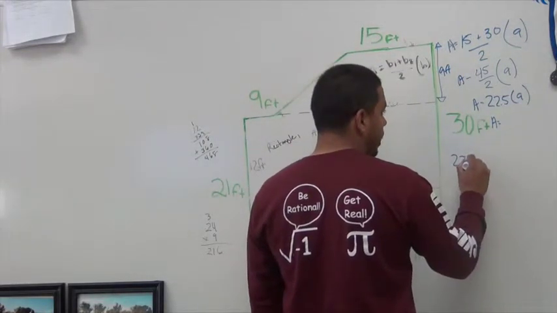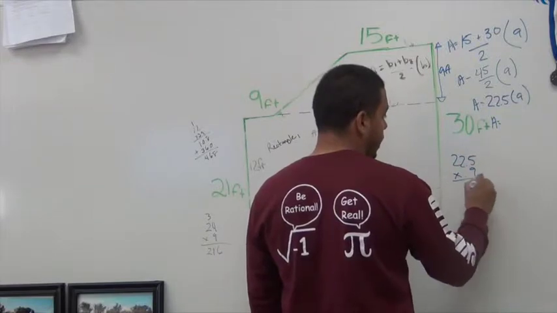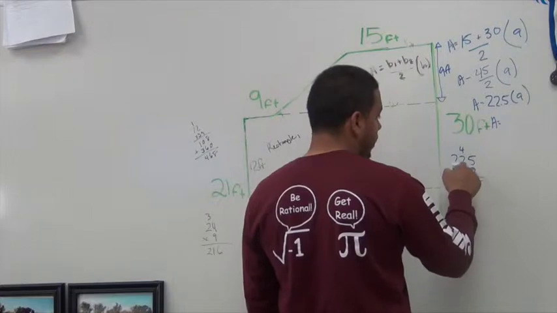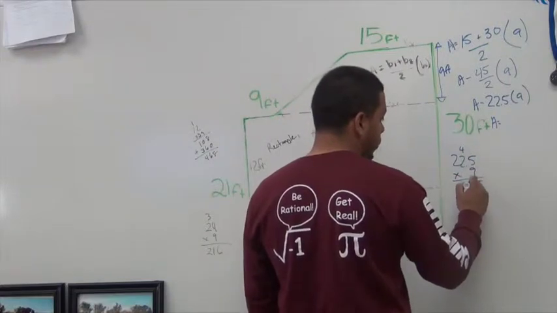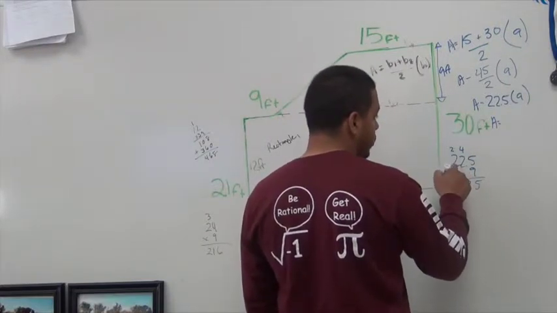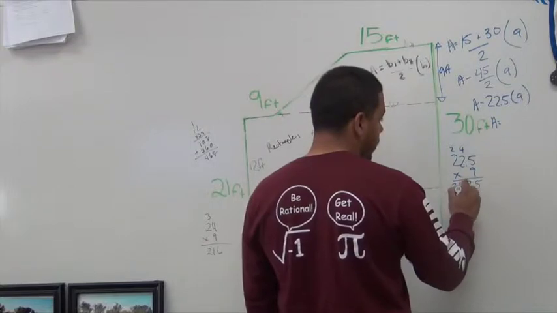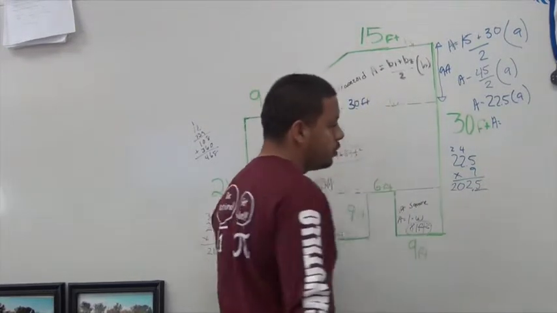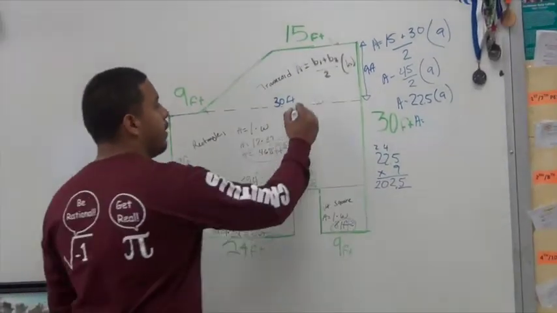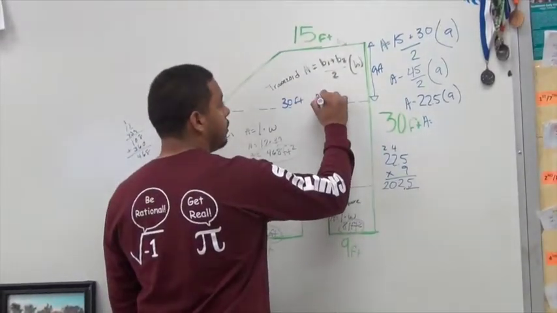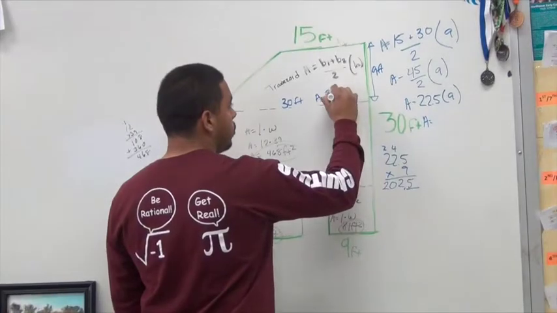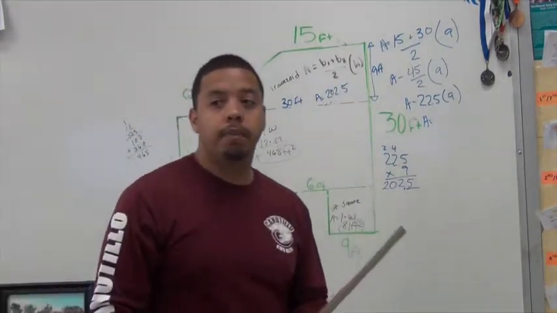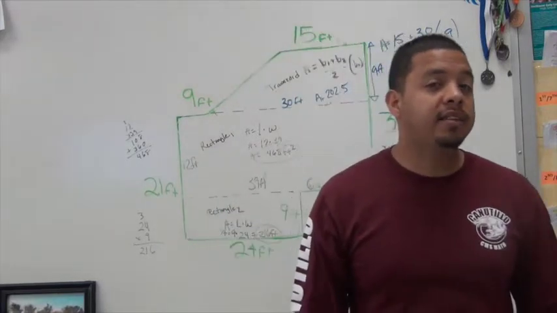And all I gotta do is solve it real quick. 5 times 9 is 45. 9 times 2 is 18, plus 4 is 22. 9 times 2 is 18, plus 2 is 20. I have one decimal space. Okay, so my area of the trapezoid was 202.5.